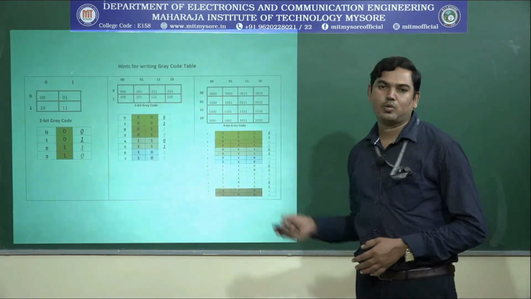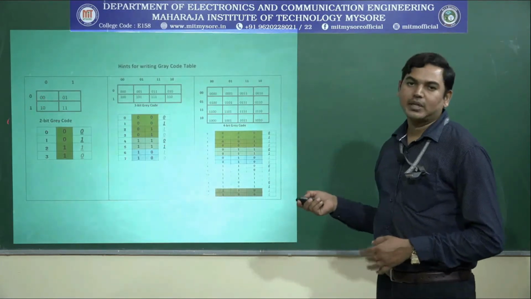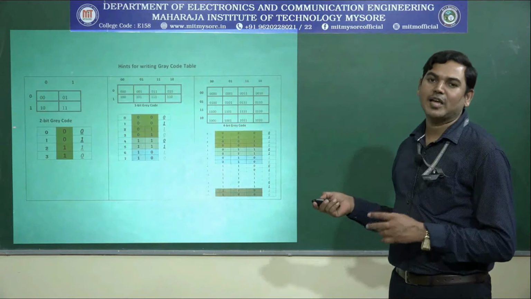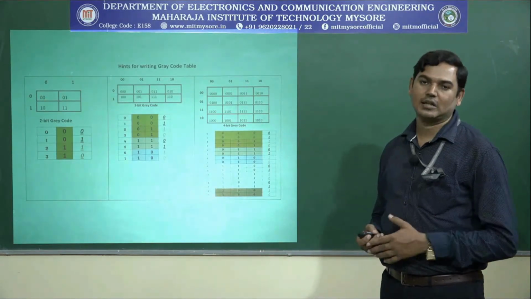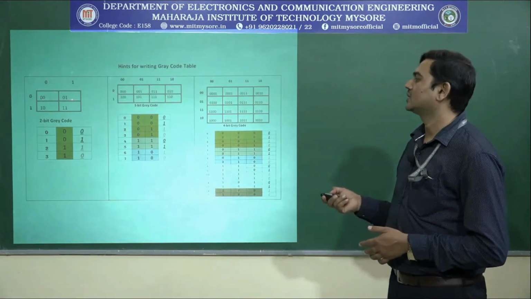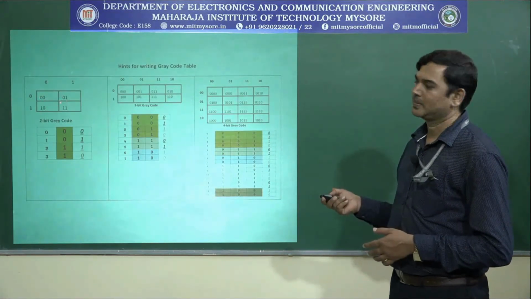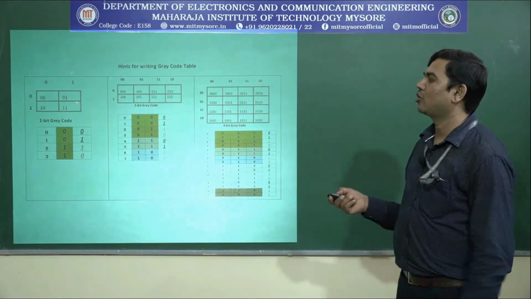How to write the gray code? I have a simple hint here. We are well aware of the K-map. Even this K-map is based upon the principle of logically adjacent cells, logical adjacency, where you can see this cell and this cell, they vary only by one bit. 0, 0, the MSB is same, the LSB toggles.